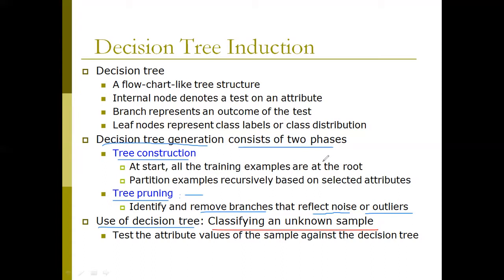In a test set, the class labels under the class attribute are unknown. If you want to find those unknown class labels for a given data set, you use this decision tree. That is the main use of a decision tree.